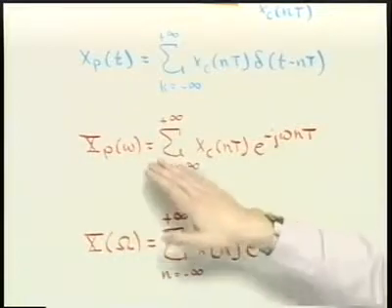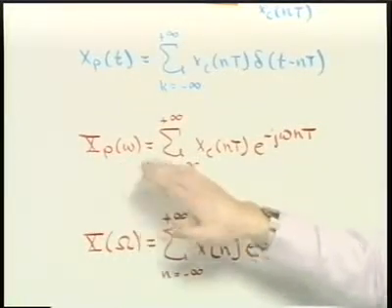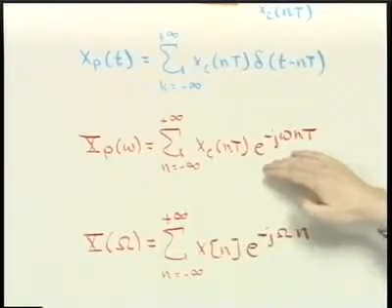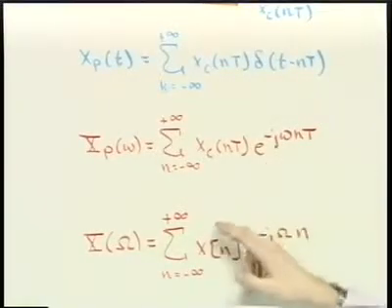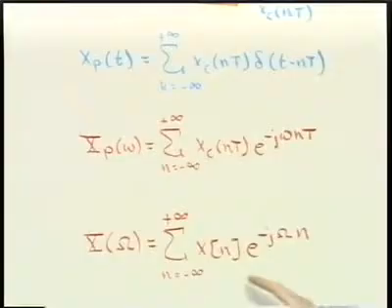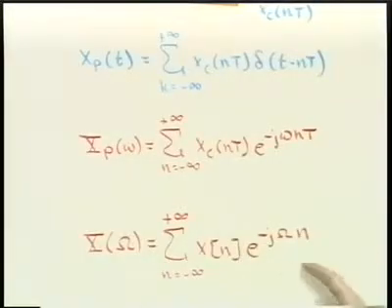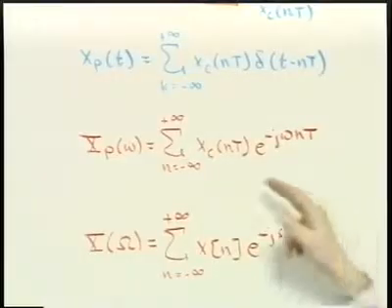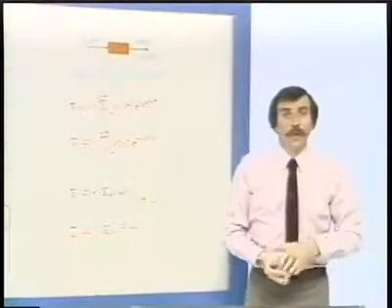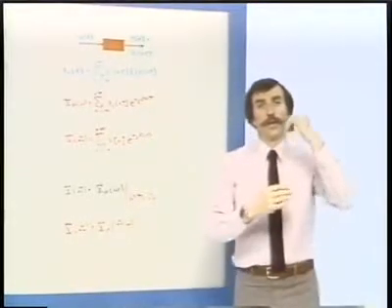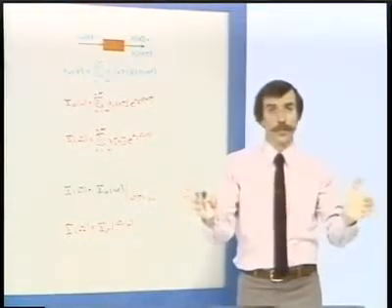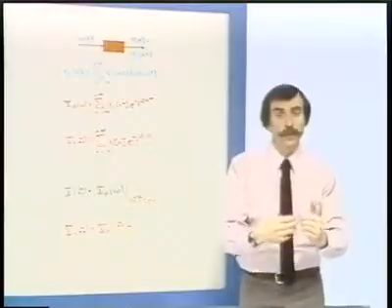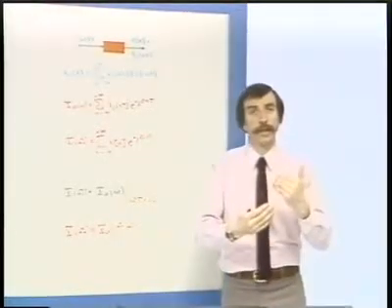So this expression is the continuous time Fourier transform of the impulse train. And alternatively, we can look at the Fourier transform of the sequence, and this, of course, is a discrete time Fourier transform. So we have the continuous time Fourier transform of the impulse train, and the discrete time Fourier transform of the sequence.